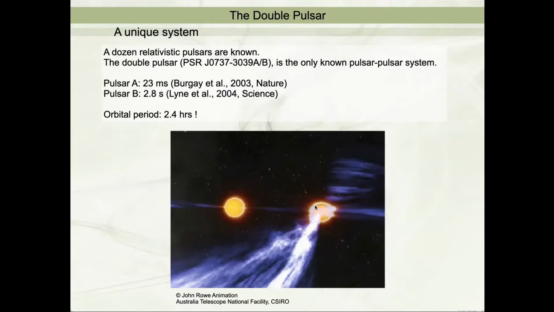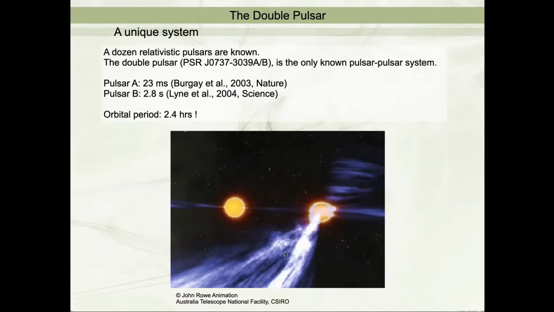The Moon around the Earth takes about 27 days for a full orbit. But here you have objects that are each 1.5 times the mass of the Sun, so the gravity is much larger. Despite the same distance as the Earth-Moon system, because the masses and gravity are larger, it takes only 2.5 hours for a full orbit.